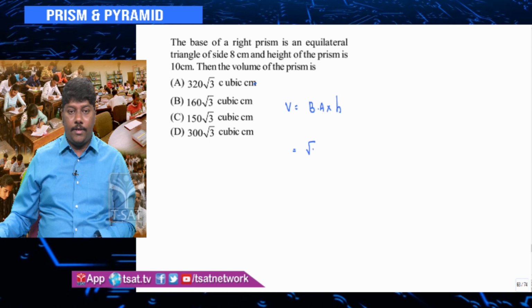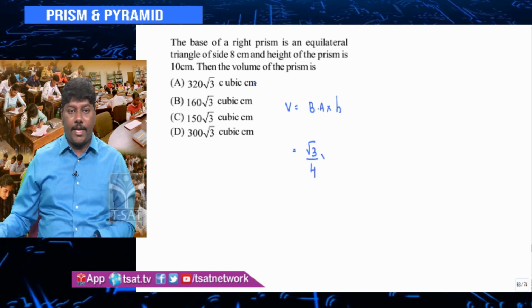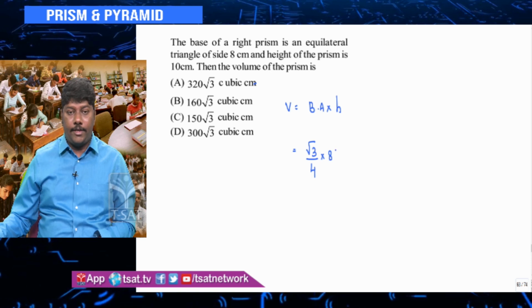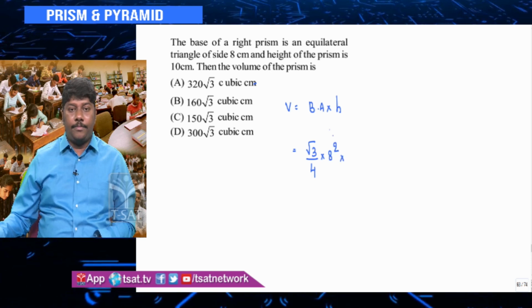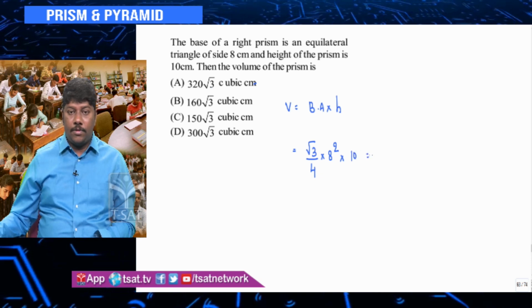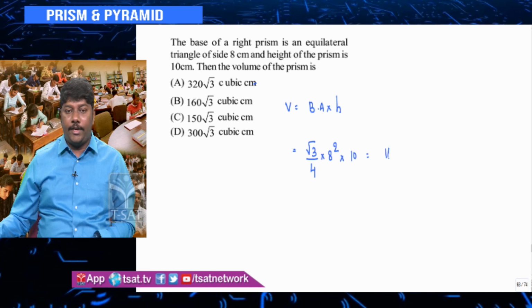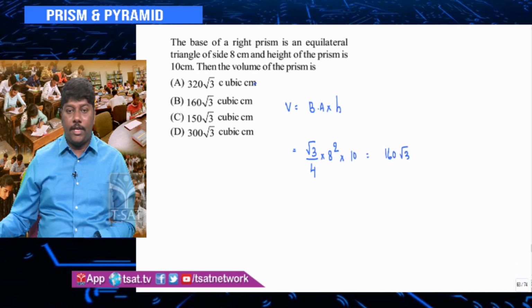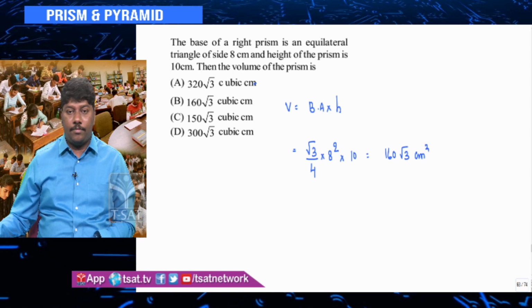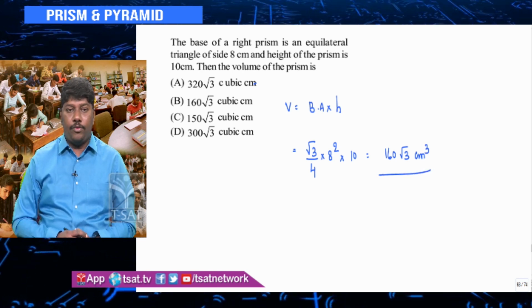Base area, the equilateral triangle area, is √3/4 a square. A is the side, 8 square. Height of the prism is 10 centimeters. So 64/4 is 16. 16 into 10 is 160√3 centimeter cube. So that is the volume. Simply do base area into height.